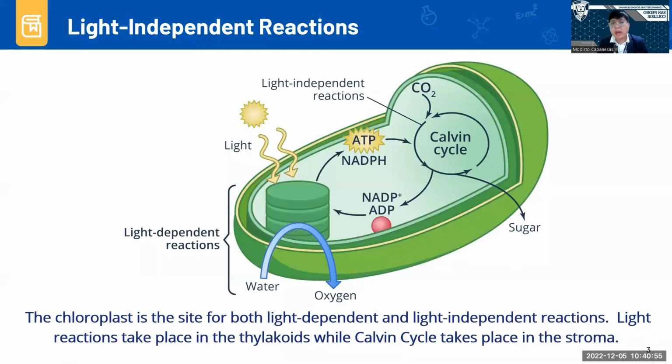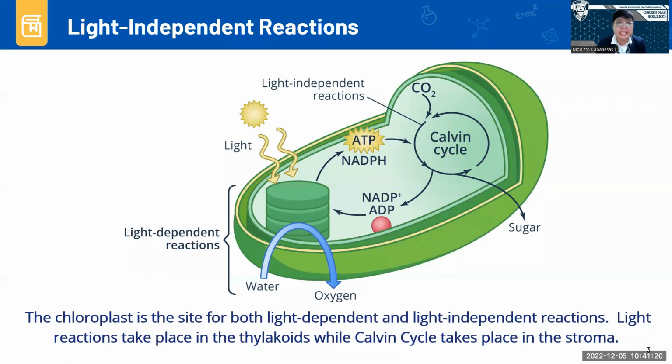So again, our photosynthesis happens in the chloroplast, which is a specialized organelle present only for autotrophs. Now, we discussed the light-dependent reaction, and we know that this happens in the thylakoid membrane. Okay? So, sa thylakoid membrane, nangyayari yung ating light-dependent reaction.